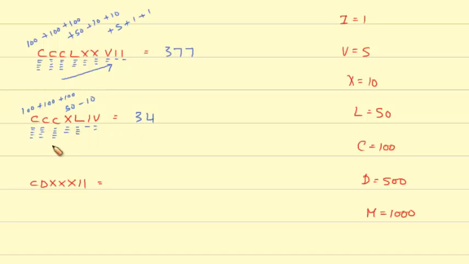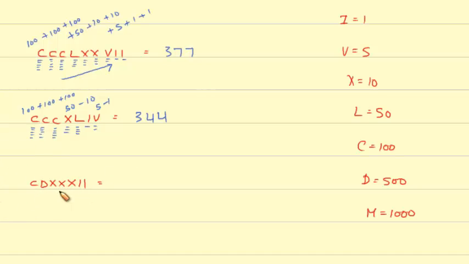So I have a 4 there. Then the next greatest value is a V, which is 5, but this also has an I before it, so that's 5 minus 1, which is 4. So 344.